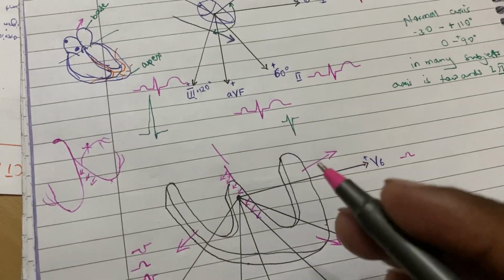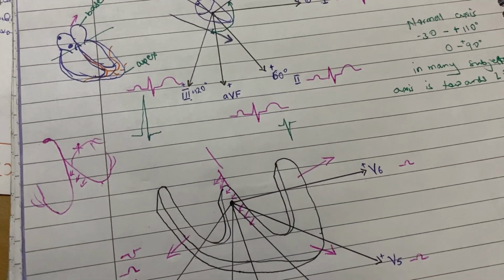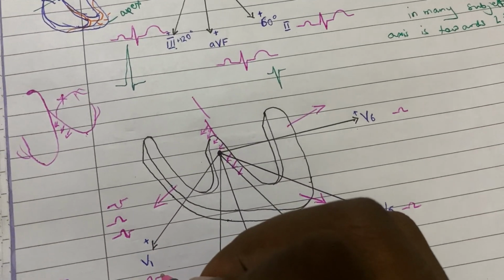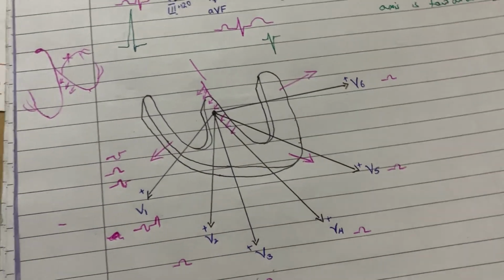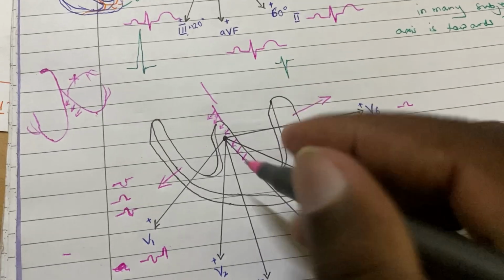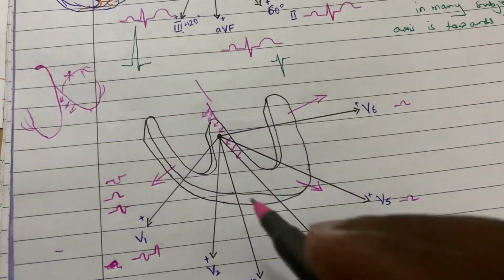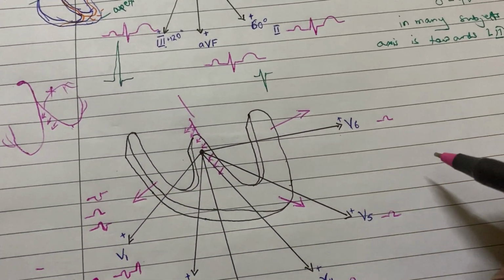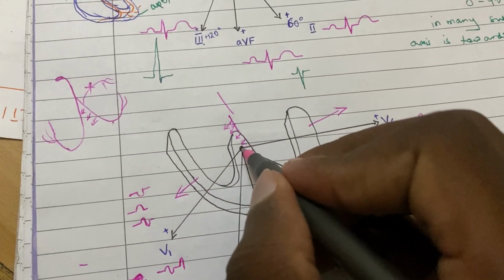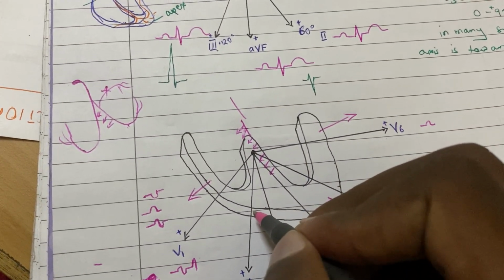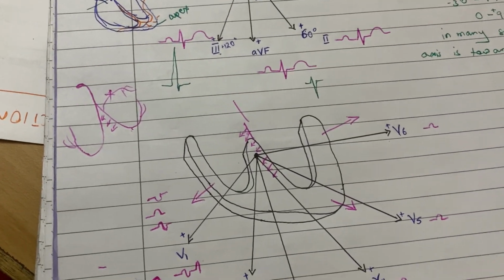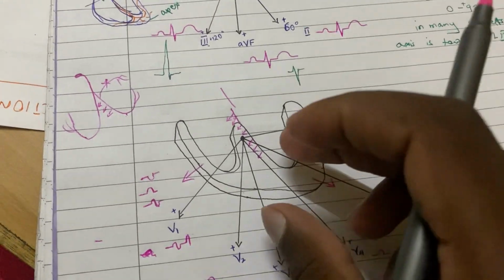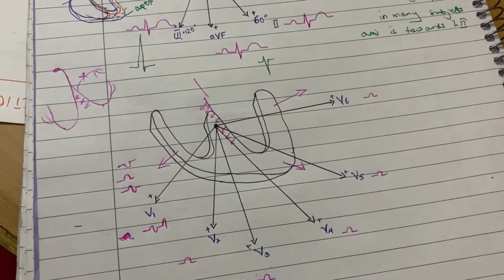So first, ventricular free wall and septal: for V1 it will be positive, but the septum is so small, it will be a small r in V1. Now we are moving towards the left, making an anti-clockwise movement, from this side to the other side. Here we start to find a thicker myocardium. The thicker the myocardium, the higher the voltage it produces. If the myocardium is small, like the septum, the voltage is very small.